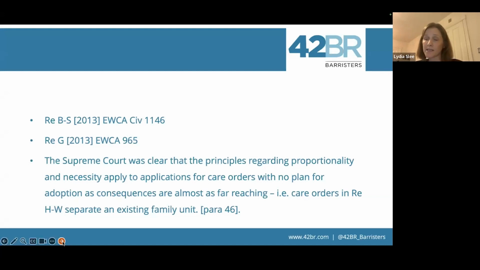And particularly in this case, because the Supreme Court mentioned that the plan that the local authority were advancing was almost as far reaching as a placement order, because the local authority was seeking permanent orders to separate these children, not only from their parents, but their siblings as well. And that was ultimately going to break up an existing family unit.